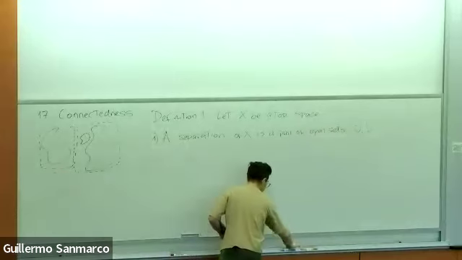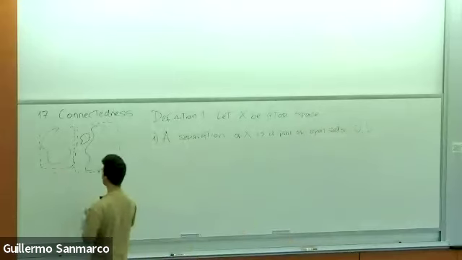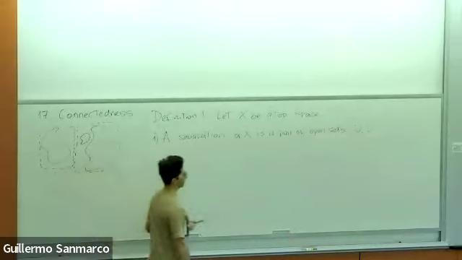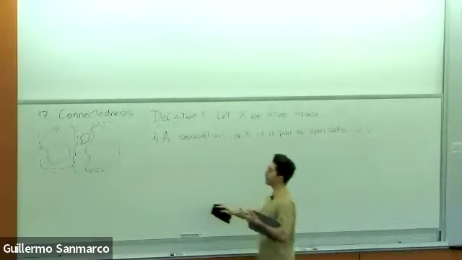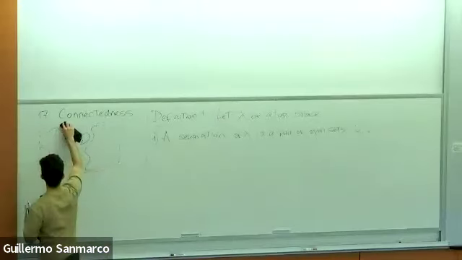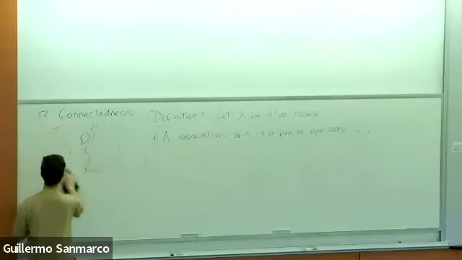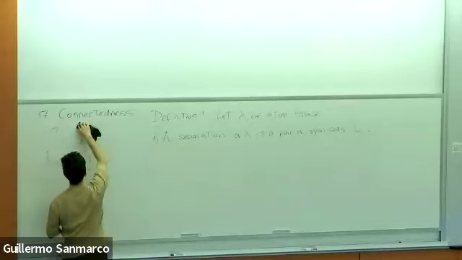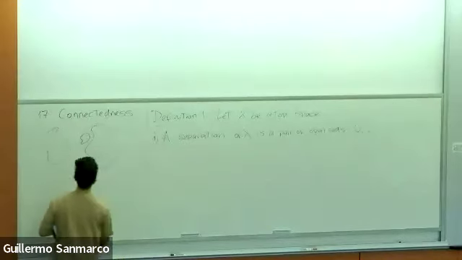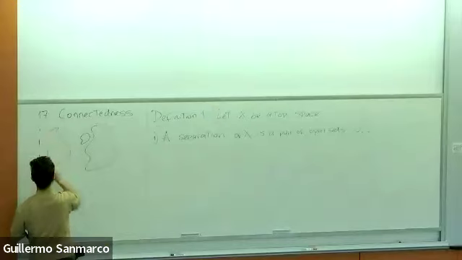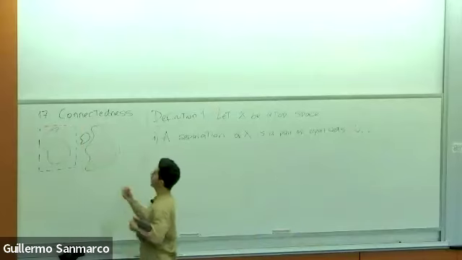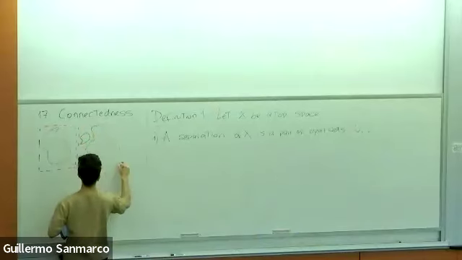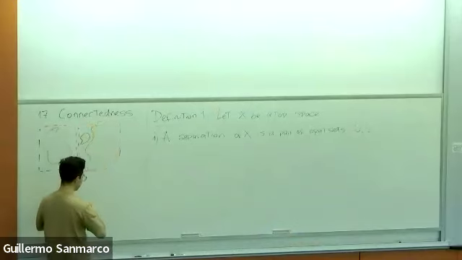Maybe I can start using some colors. So this would be maybe your U. So U and V, maybe this is my U. Open. Don't have any shape, of course. V. Doing something like that.